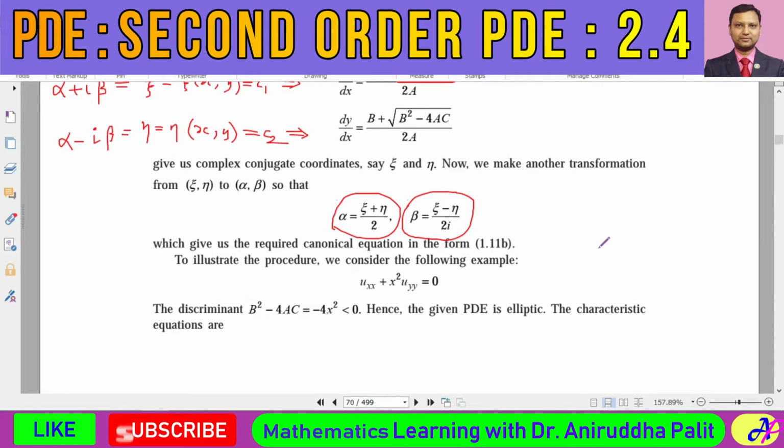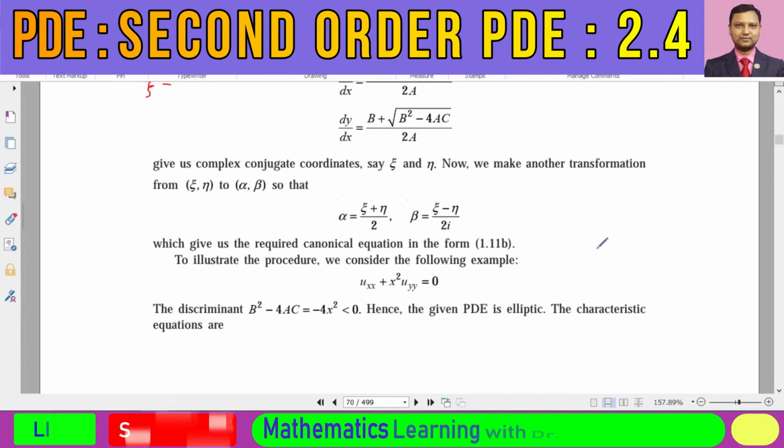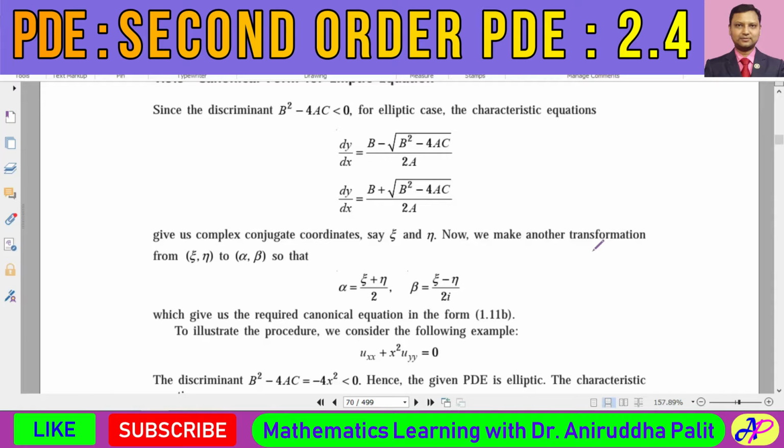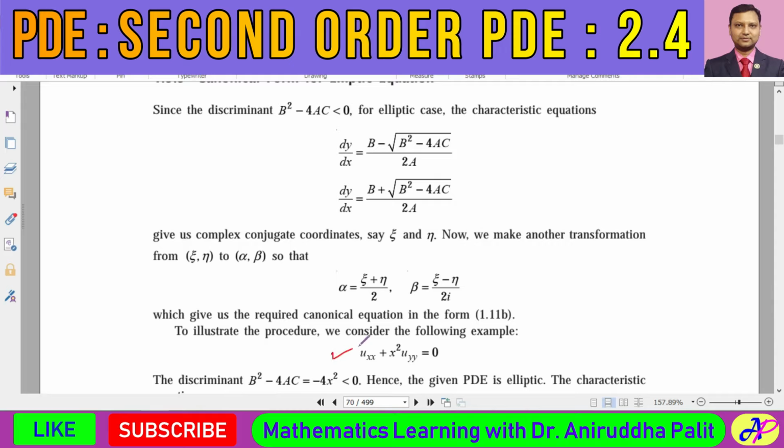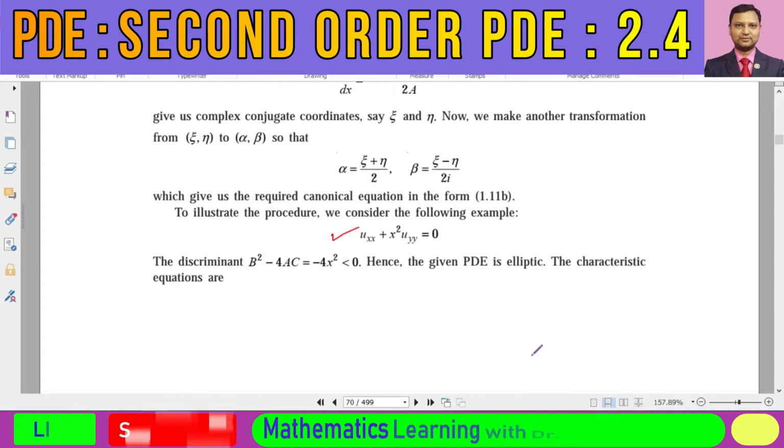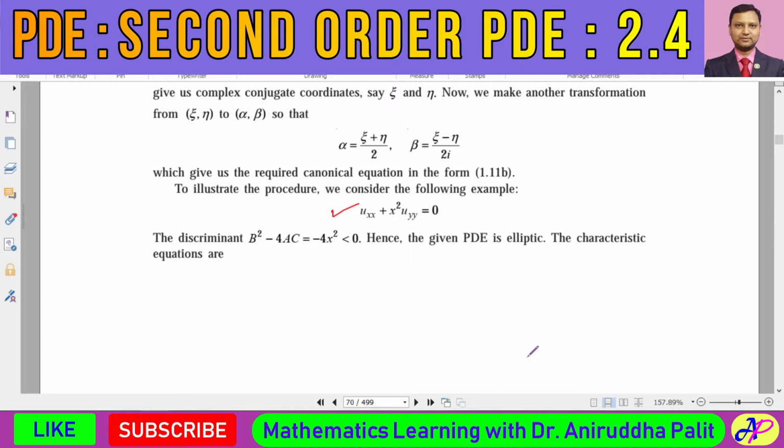Let me just clear all these notations. Now we consider this example: uxx plus x square into uyy is equal to 0.